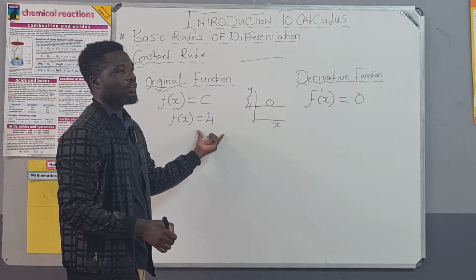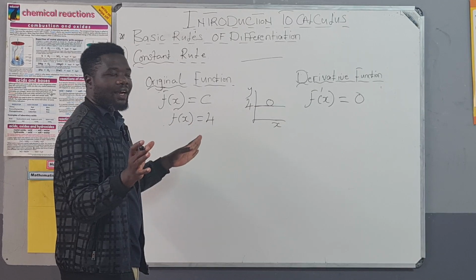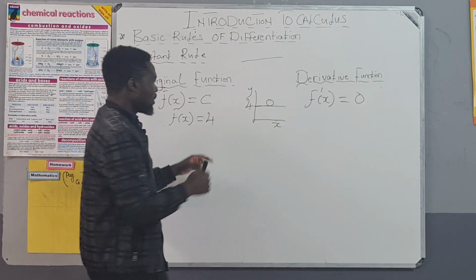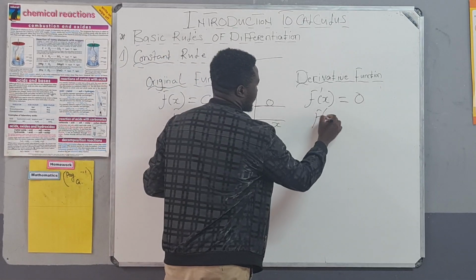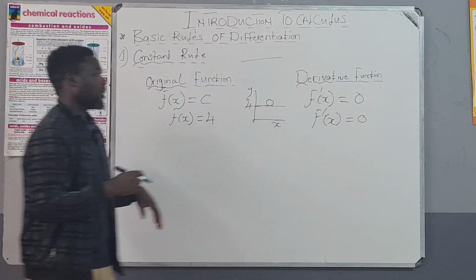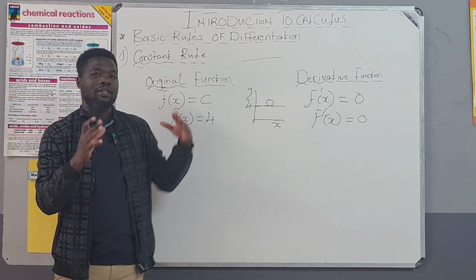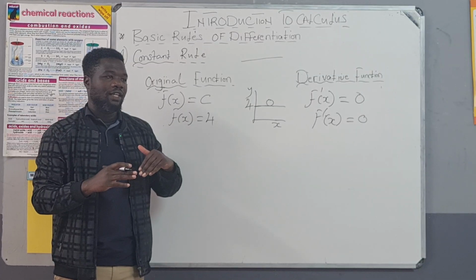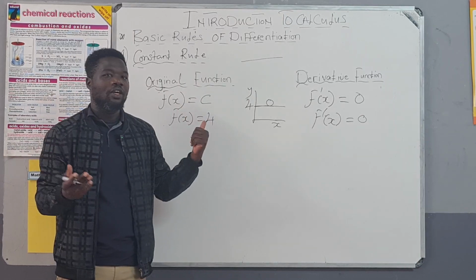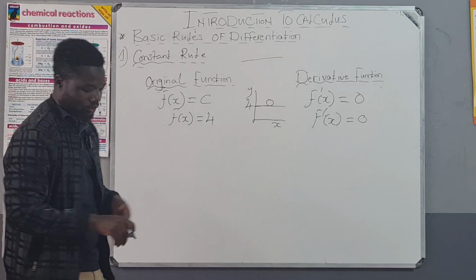Whenever you see a number without a variable attached to it in calculus, the derivative is 0, because of the straight line. The straight line means rest. Nothing is moving, there is no gradient, so it is just 0.